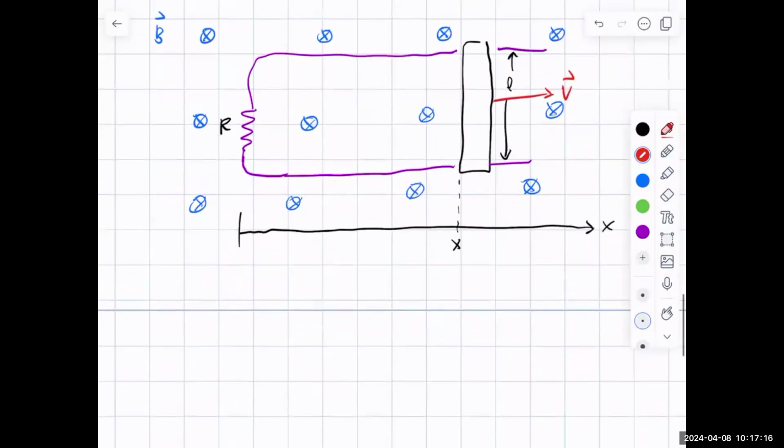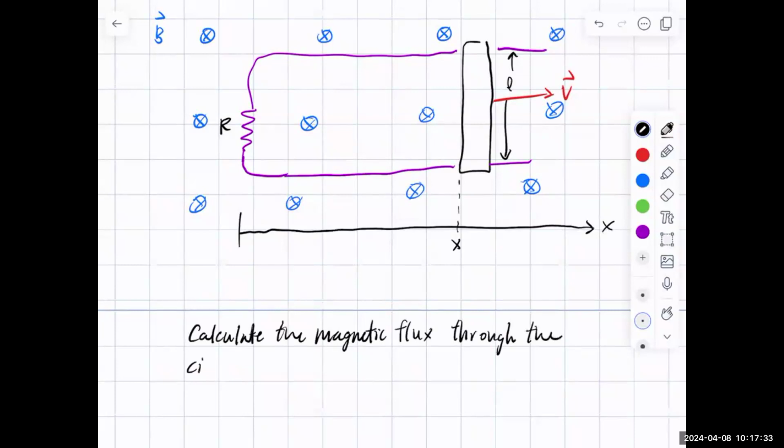So what we're going to do is we're going to calculate the magnetic flux through the circuit loop of area.